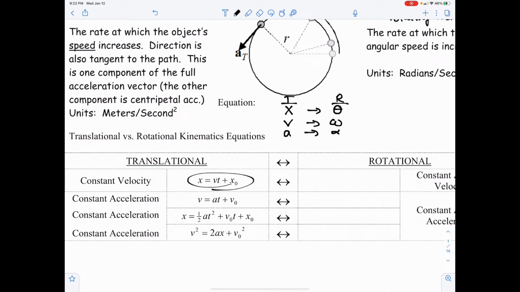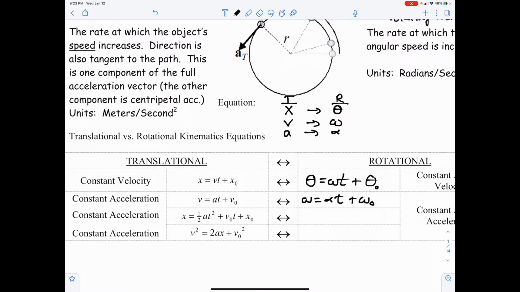We have the first one here: x equals v times t plus x naught. Well, x gets replaced with theta equals omega times t plus theta naught. The second equation, v equals at plus v naught, would be omega equals alpha t plus omega naught.